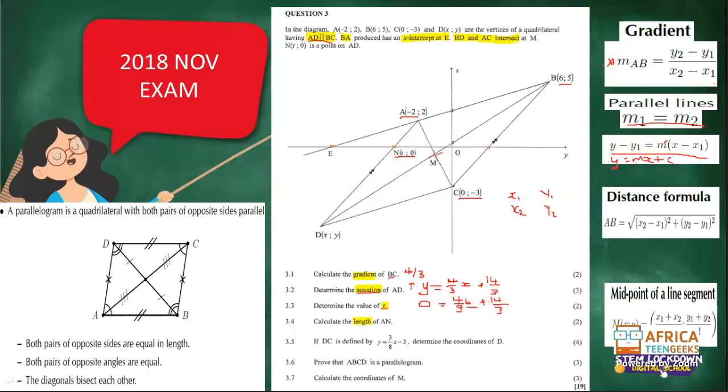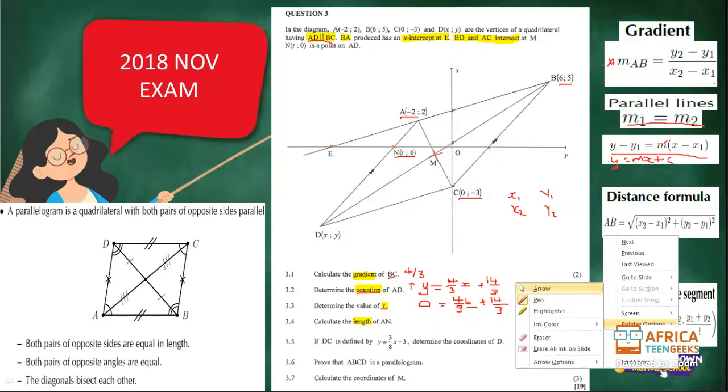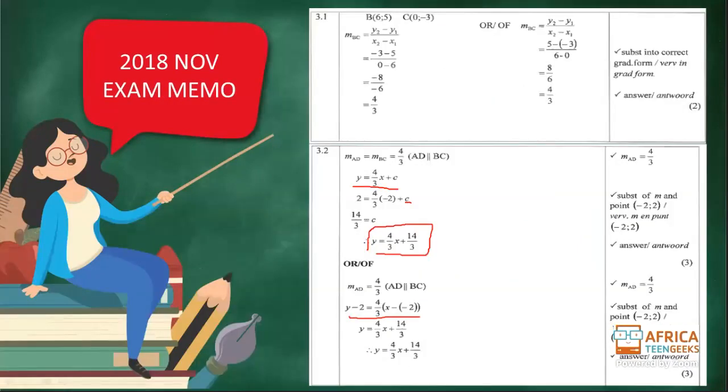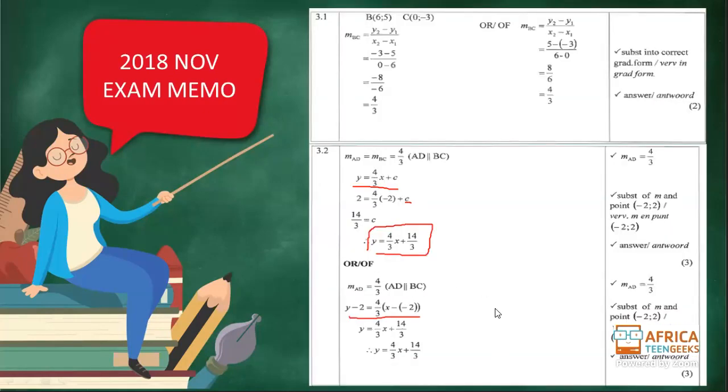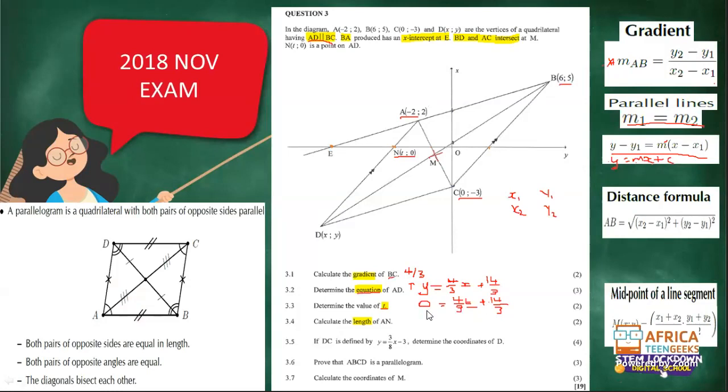Okay. So you have your T as -7/2. Remember, when your 14/3 goes to the other side, it changes sign.